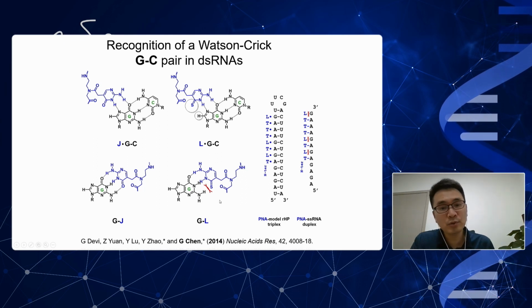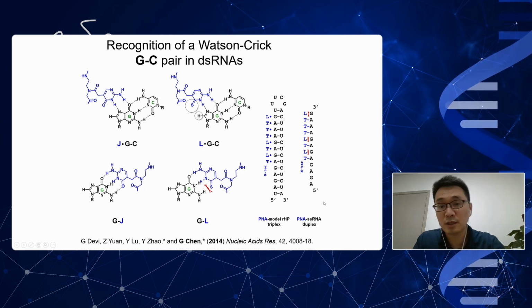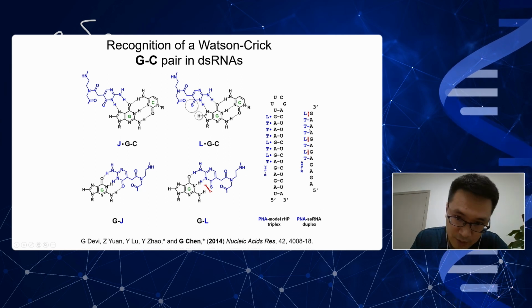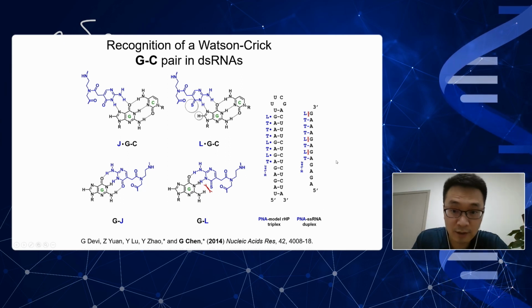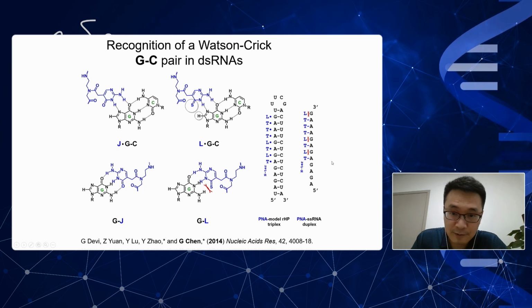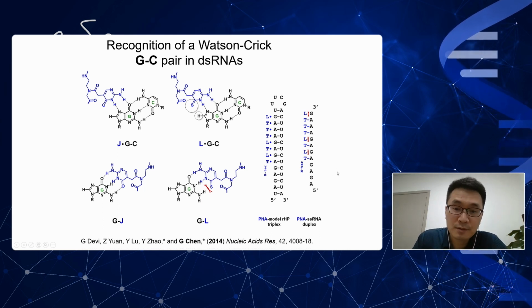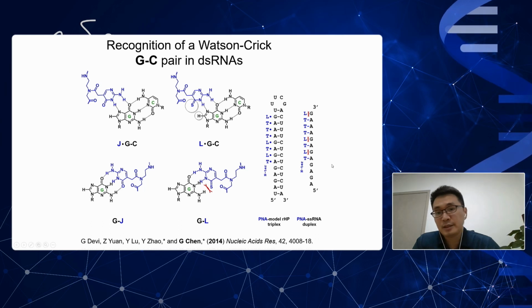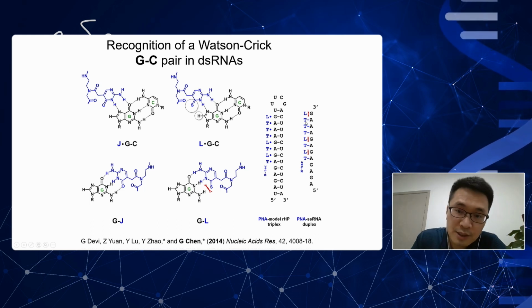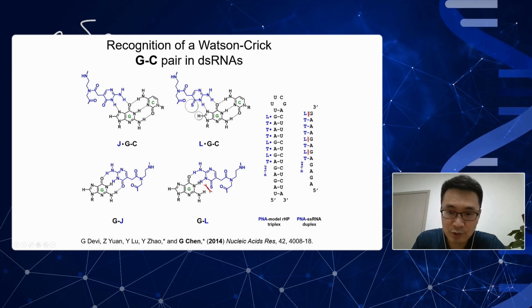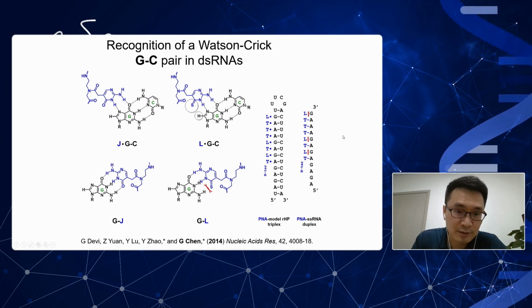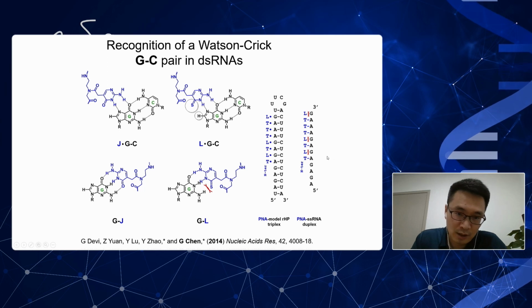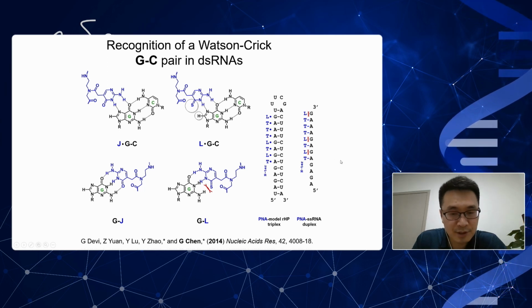If you put these L bases into a PNA, like this blue PNA strand, you have selective binding between the PNA strand and the duplex RNA, but no binding between the PNA strand and single-stranded RNA because of this steric clash. This is a geometric consideration.